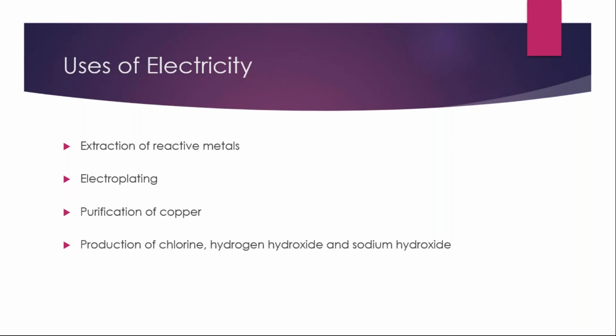Now, as we said, one of the uses of electrolysis is electroplating. The cathode will be the piece to be plated, what we want to electroplate or cover up to avoid rust and corrosion.